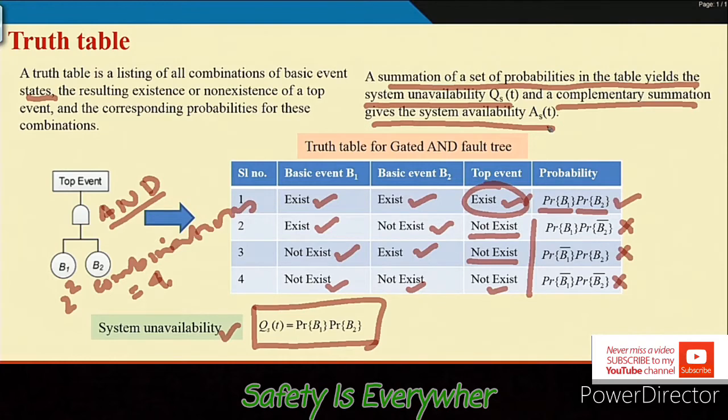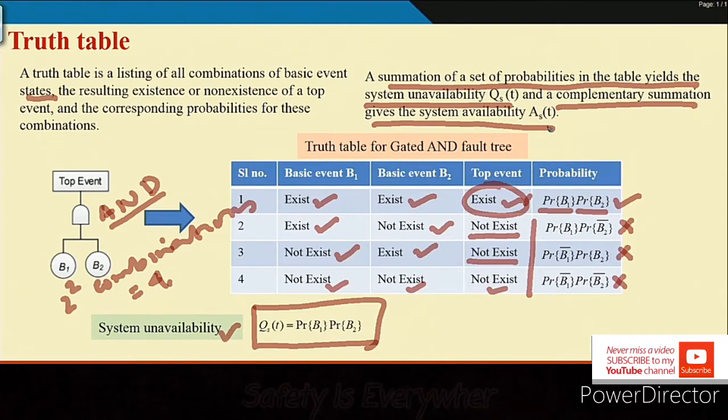In a truth table you find all possible combinations, and then you find for which combinations the top event exists, meaning the system failure takes place, and for which combinations the top event does not exist, meaning the system failure will not take place. Basically, you can find the combinations with the system states, whether failing or not failing.